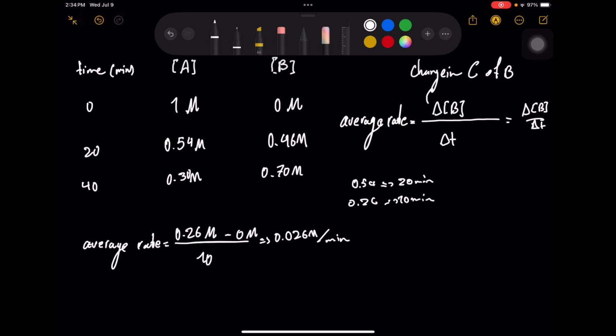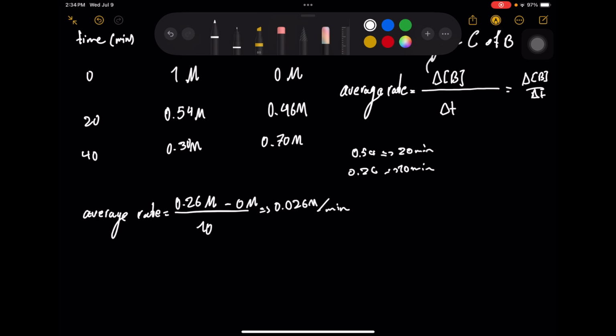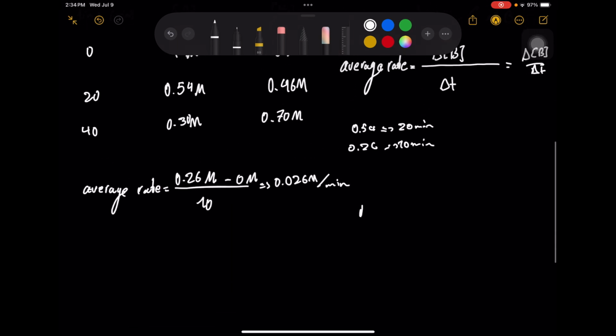For the rate of disappearance, half of 46 is 23, so it would be 0.23 minus 1. Since we don't want a negative answer, the rate of disappearance is negative delta A, and we put a negative sign, over delta T.